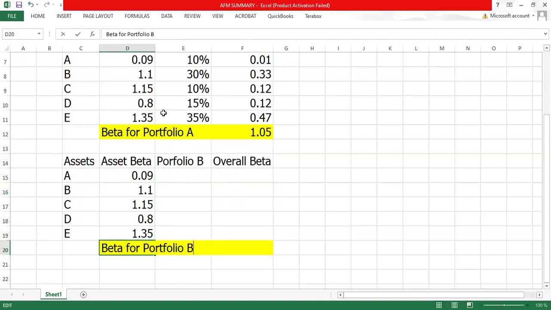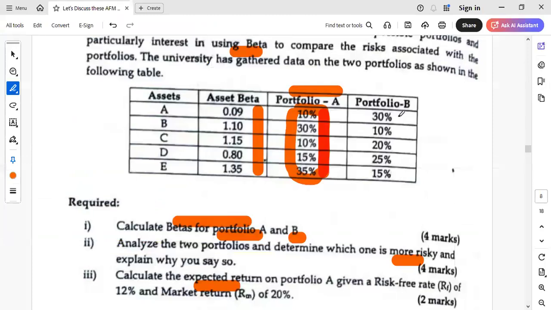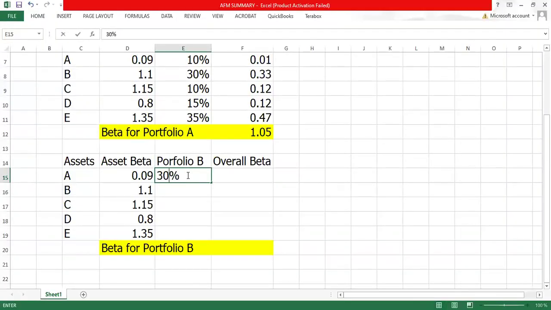So here, when you look at your question, you have the returns, so you will be multiplying. You have 30%, this is 10%, then this is 20%, then this is 25%, then the last one is 15%.